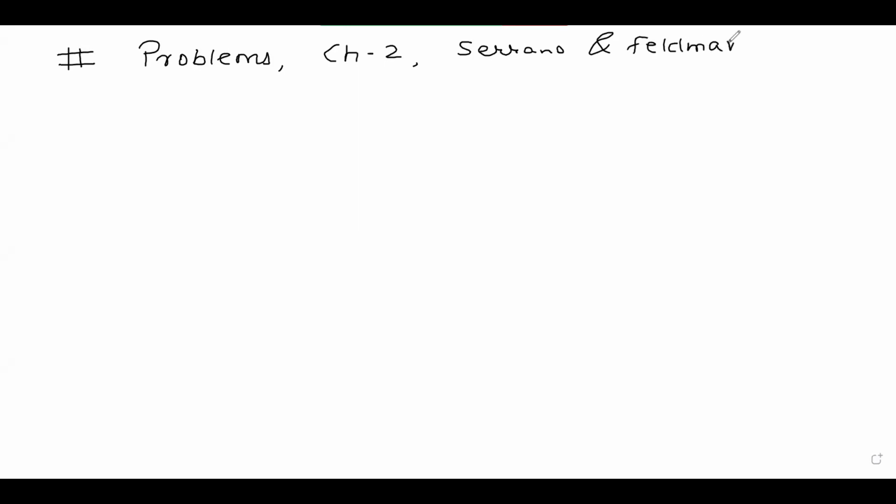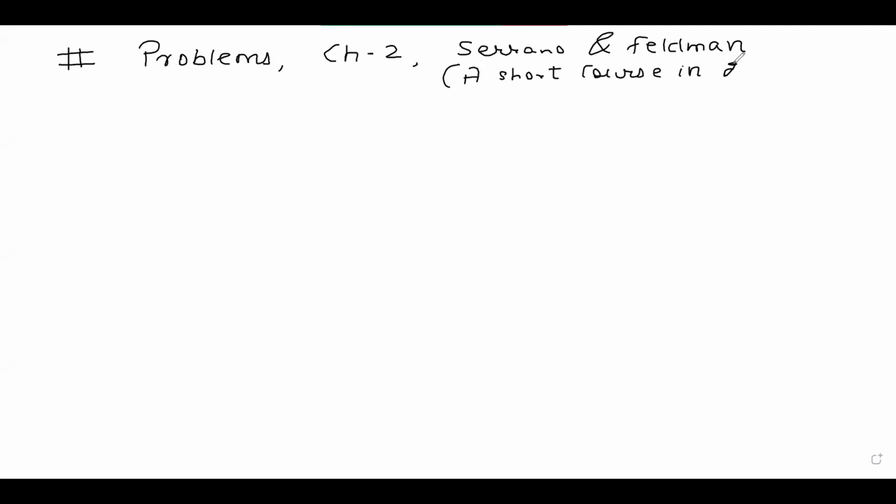I hope all students who are attending this lecture can now see my whiteboard. So let's quickly look at problems from chapter 2 of Serrano and Feldman, A Short Course in Intermediate Microeconomics.